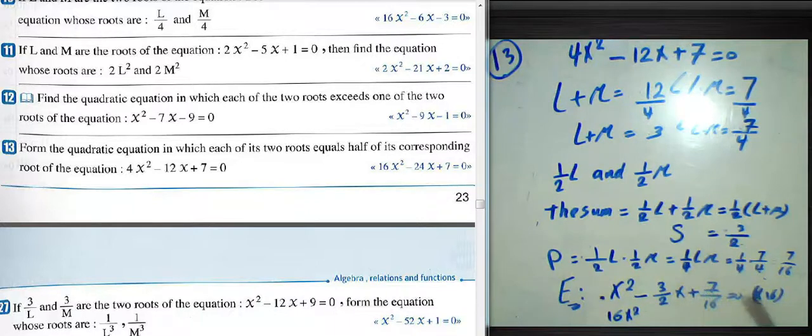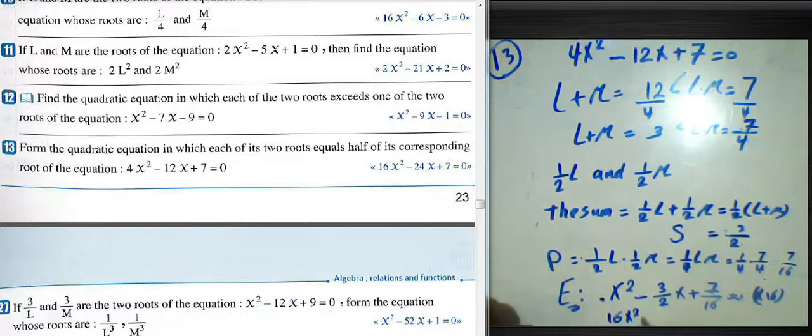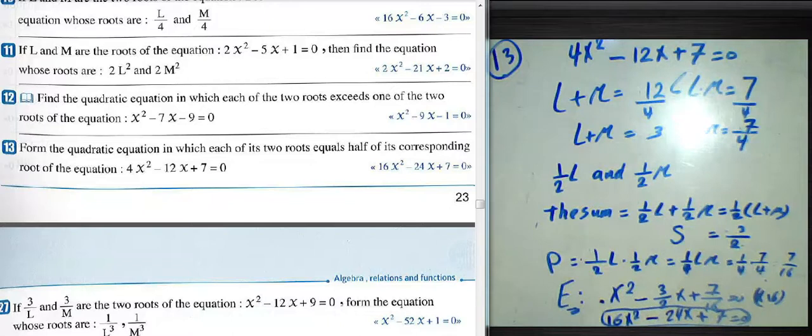We can simplify it by multiplying by 16. 16 multiply x power 2, it will be x power 2. Subtract: 16 divided by 2 equals 8, 3 times 8 equals 24x. 16 divided by 16 equals 1, 1 times 7 equals 7. The equation will be 16x power 2 subtract 24x plus 7 equals 0. It was question number 13.